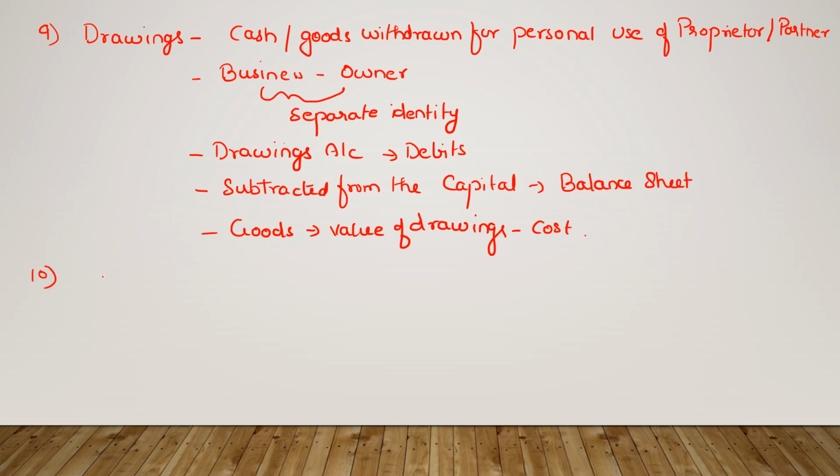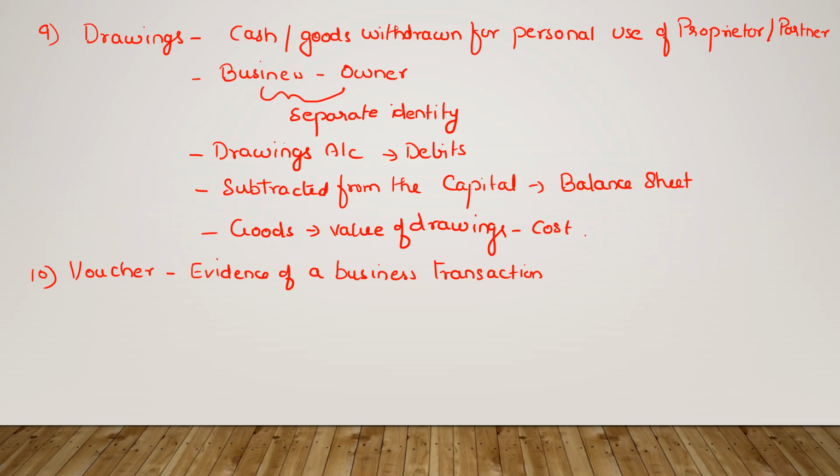Finally, the last term that we'll be learning today is voucher. What do you mean by voucher? A voucher is evidence of a business transaction. We have learned that in accounting, all the transactions get recorded in the books of accounts.